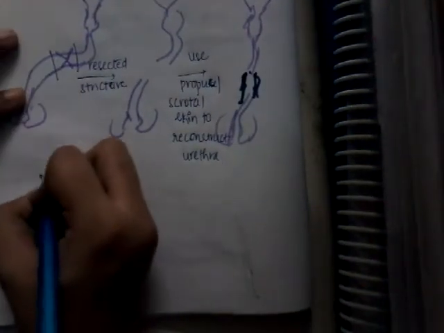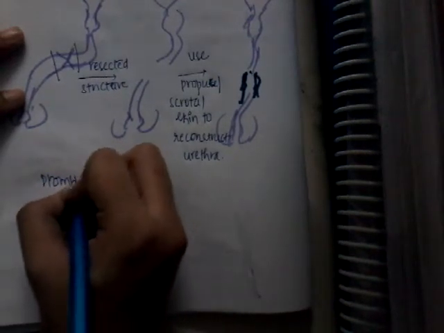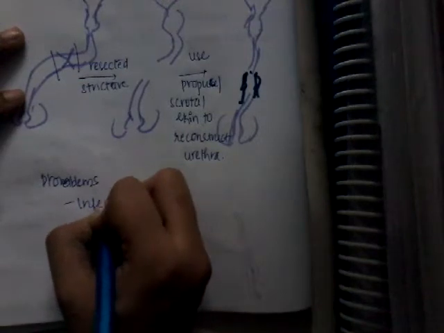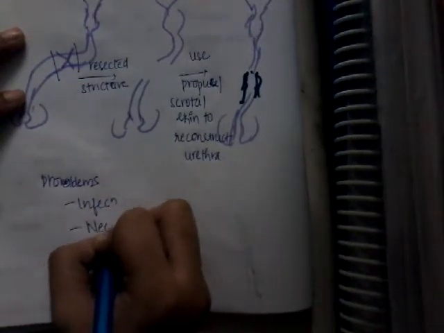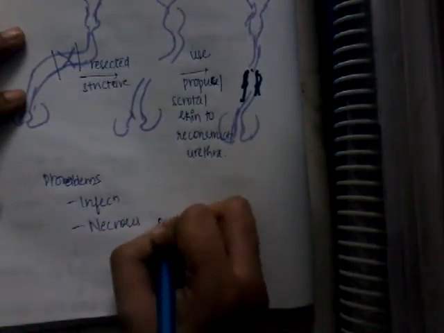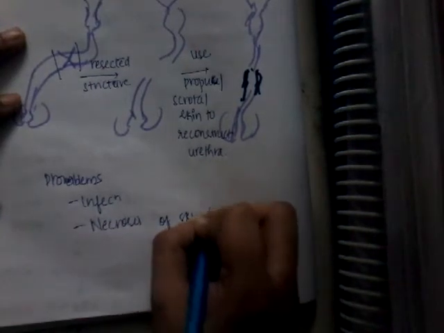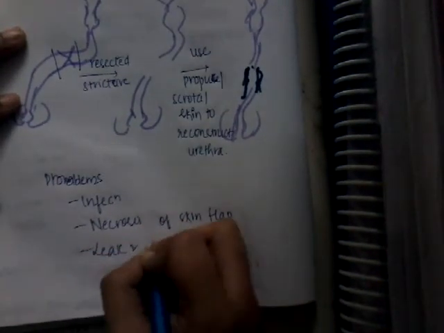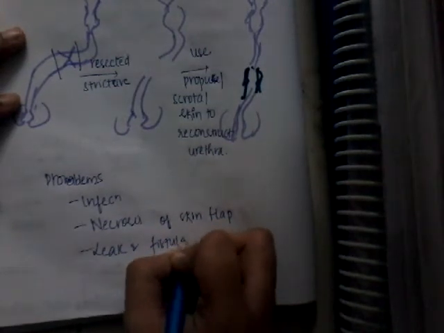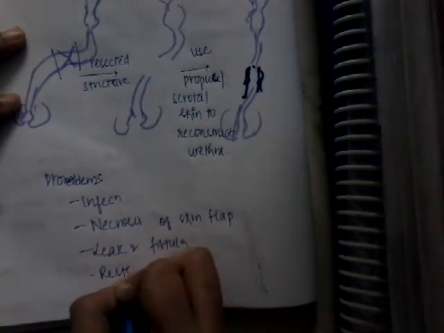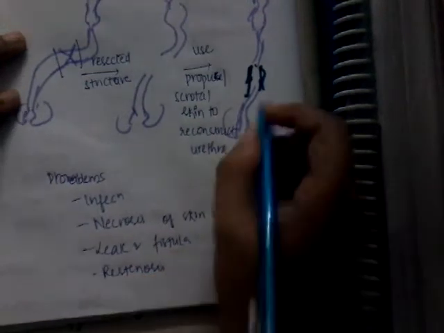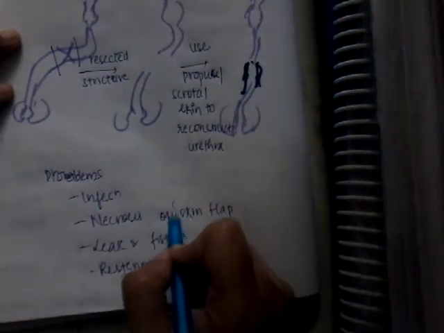So what are the problems in urethroplasty? Number 1, infection may occur. Next, necrosis of skin flap. Next, there may be leak and fistula formation. There may be restenosis, right? The skin flap which is kept may undergo necrosis.